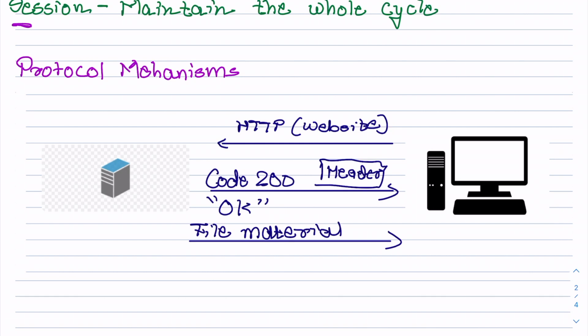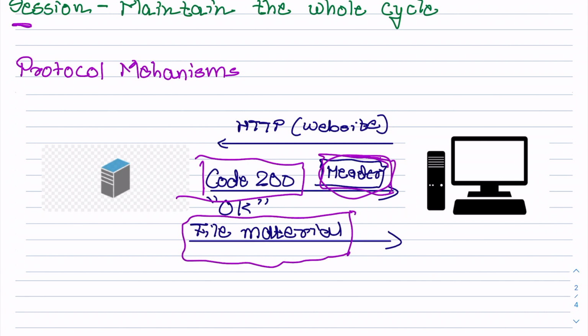So it sends the header of the website. Here I have written the code 200. That means the server is telling you, okay, I have this website and everything is okay, and I'm sending it to you. It sends first the header of the file and then all the other file materials that the whole website has.